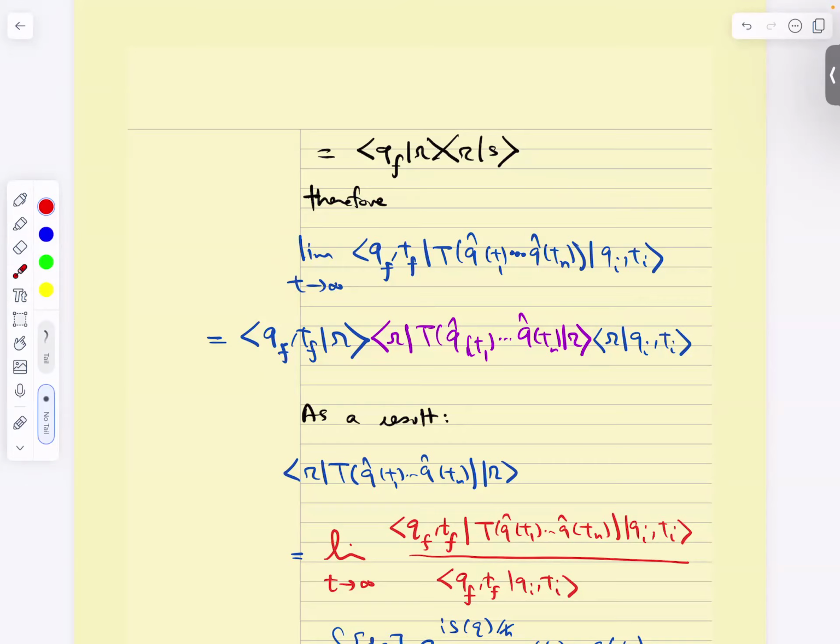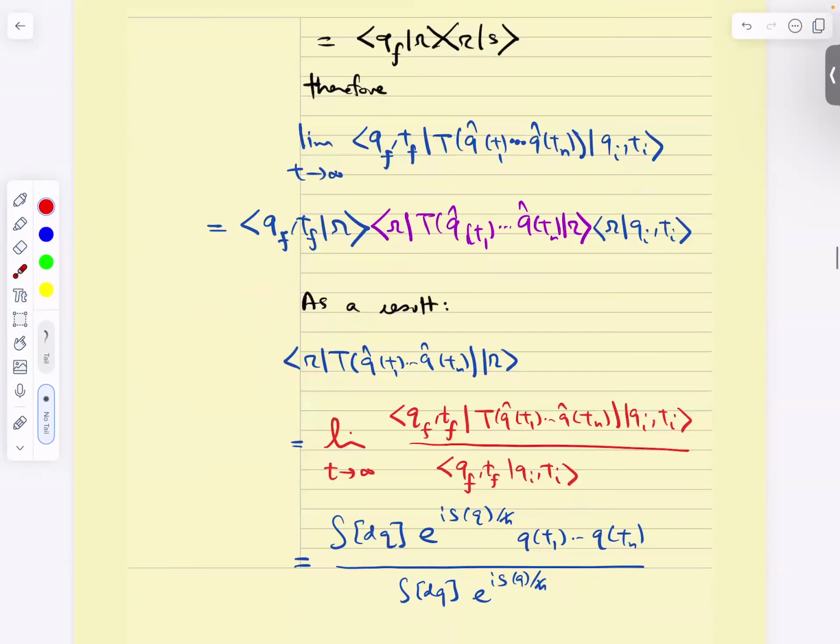Now you notice that this is the vacuum of the interacting theory, right? This is the correlation function you're after, and these are the leftover terms. So you could isolate this term by taking the limit this way.